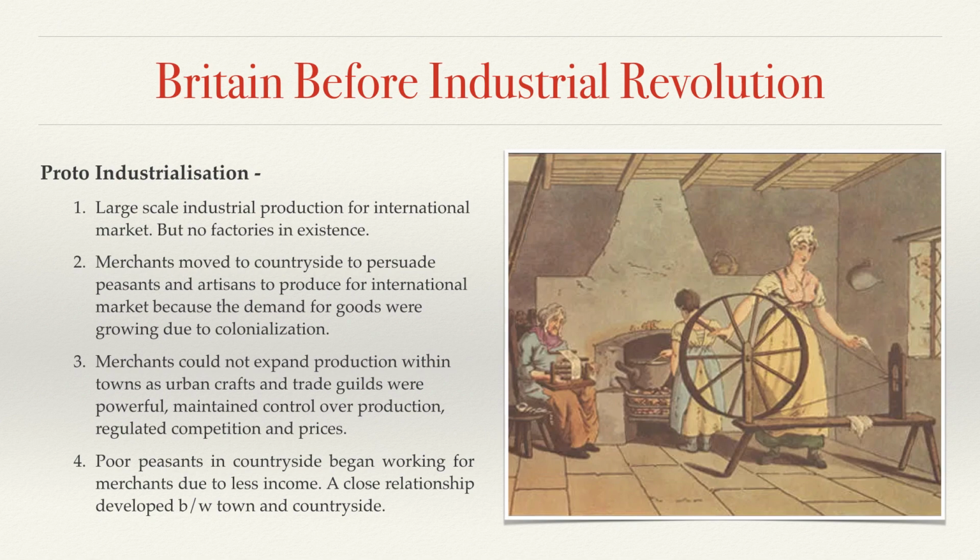Merchants moved to the countryside to persuade peasants and artisans to produce for the international market because the demand for goods was growing due to colonialization. Merchants could not expand production within towns, and urban crafts and trade guilds were powerful, maintained control over production, and regulated competition and prices.